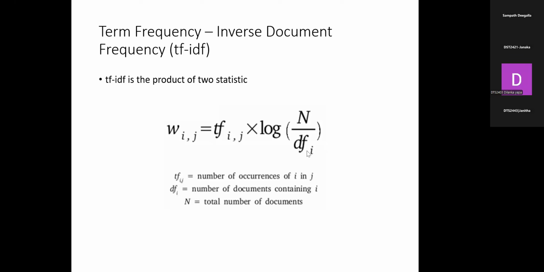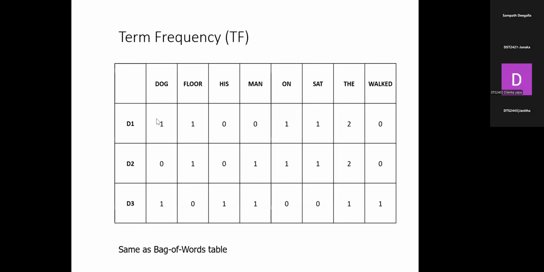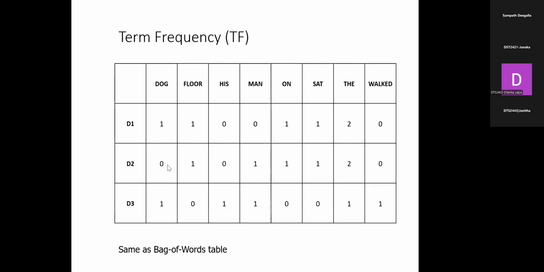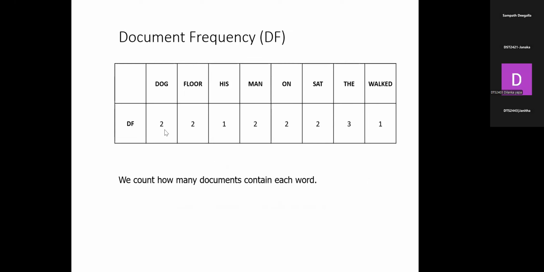Right, now let me explain what this is. Term frequency means the same as bag of words. That means we know how many times a word appears in each of these documents. So that's the term frequency. Document frequency means how many documents you have with that particular word. For example, dog appears in 2 documents, so you have 2 here.